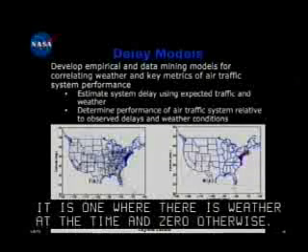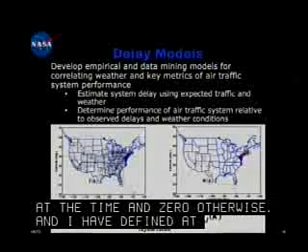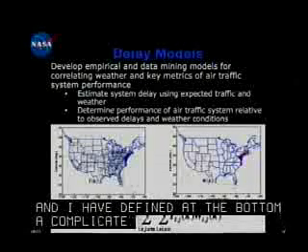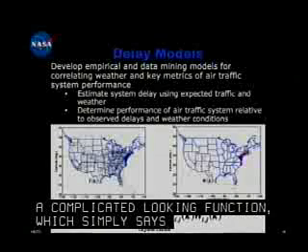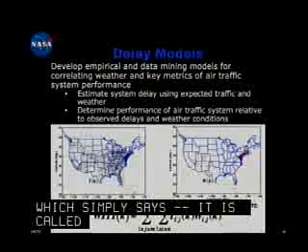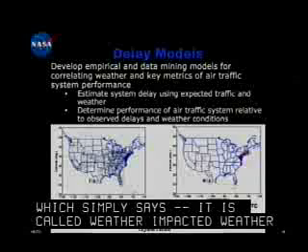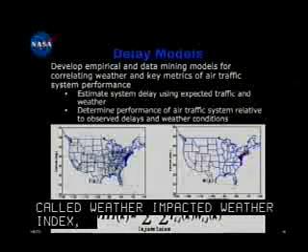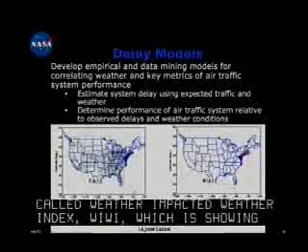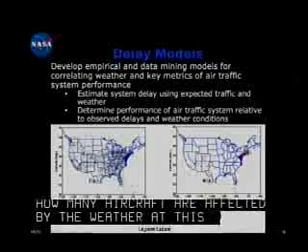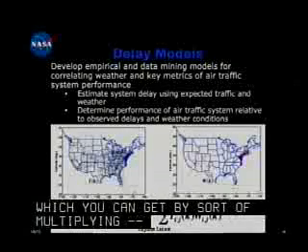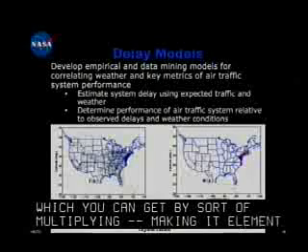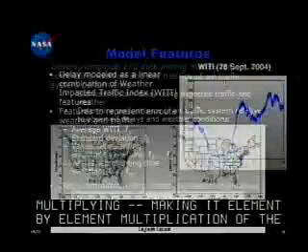And I have defined at the bottom a complicated looking function called WITI, or Weather Impacted Traffic Index, which is really asking how many aircraft are affected by the weather at this particular time, which you can get by making an element by element multiplication of the two matrices. And that's what the equation at the bottom says. Could I have the next view graph, please?